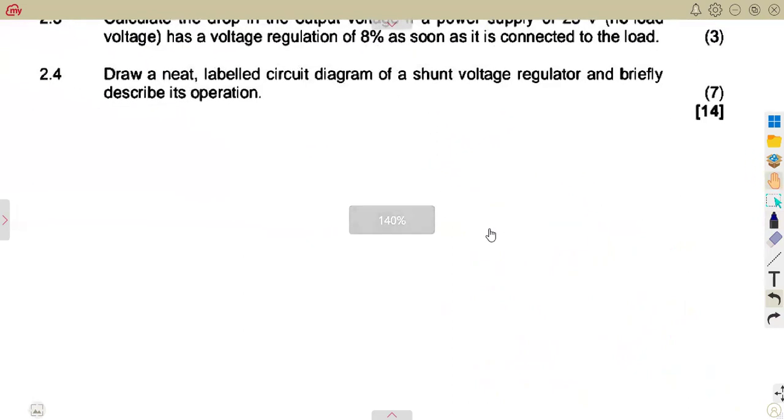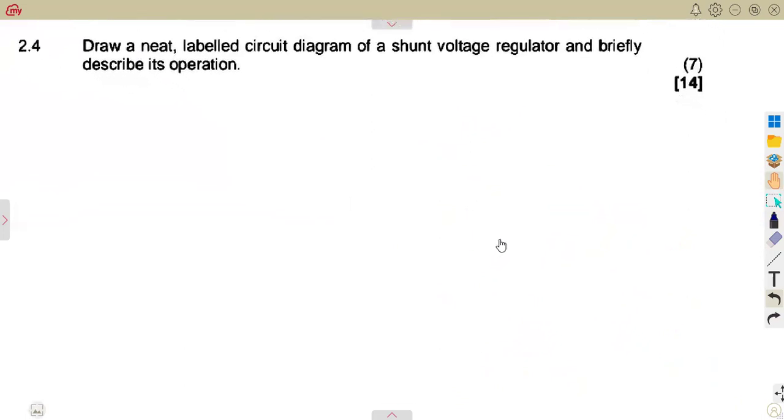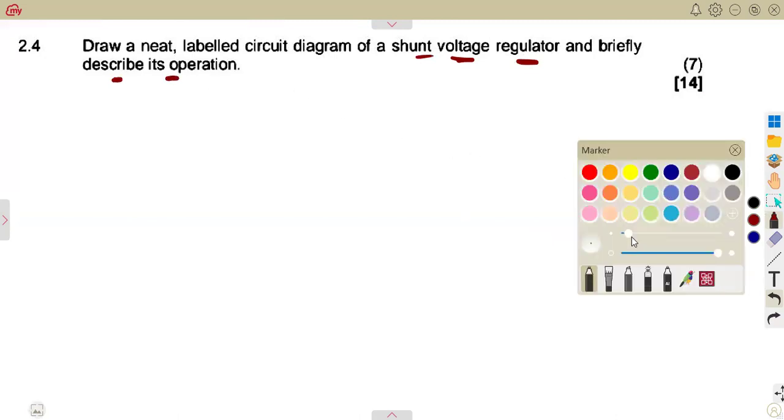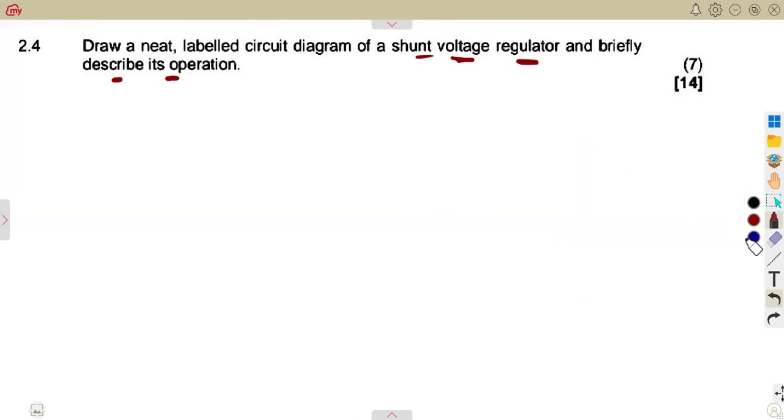Then on the other hand, they want you to draw a neat labeled circuit diagram of a shunt voltage regulator and briefly describe its operation. I explained this, in case you did not watch that, make sure that you go through the introduction of the shunt voltage regulator on its own.